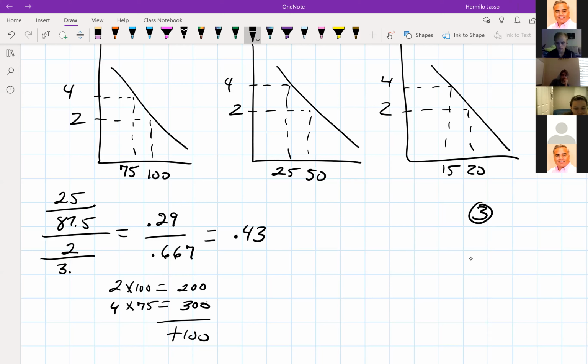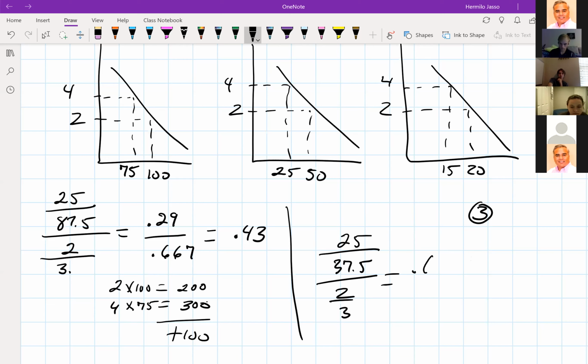Now look at store number 2. Okay, so this is store number 1. Look at store number 2. The change is 25 divided by the average. 25 plus 50 is 75, divided by 2, that's 37.5. And the price change, we already know, is 2 divided by 3. 25 divided by 37.5 equals 0.67, and the other one is 0.667, which is equal to 1.